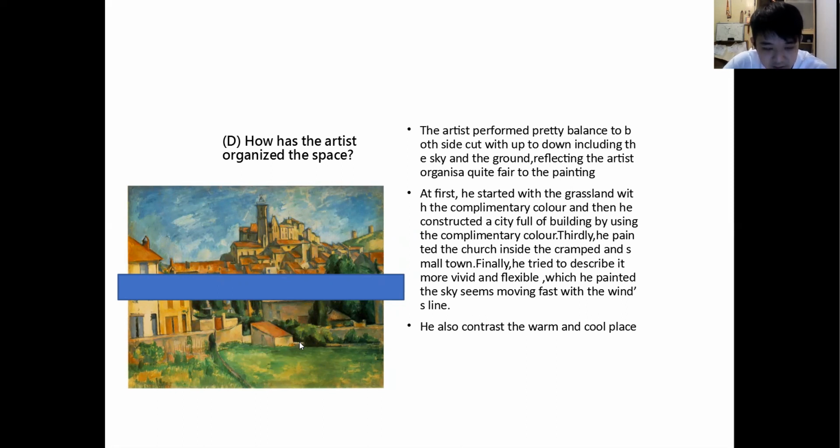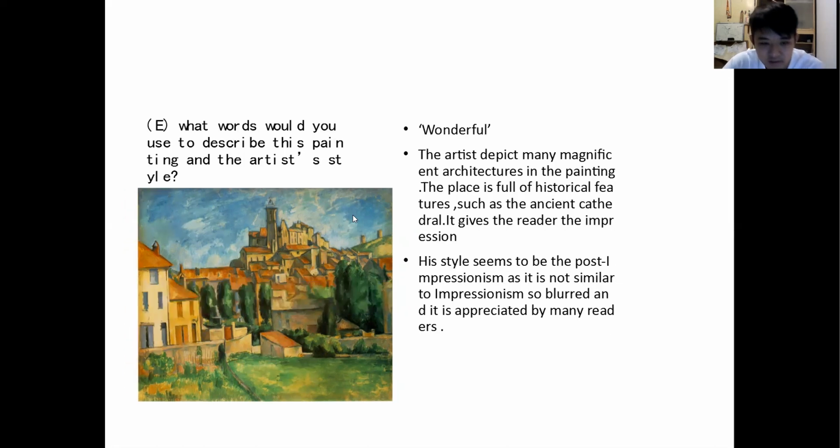It is very balanced, and he was also conscious of the warm and cool pace. And I would like to use the word wonderful to describe this painting because the artist depicts many magnificent architectures in this painting, and it's very clear.